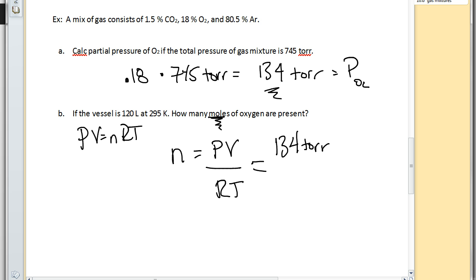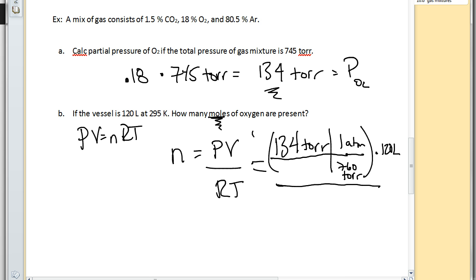Now, I almost made a mistake here, and I almost forgot to convert to atm because we're using the ideal gas law constant. And so I'm going to go ahead and do that. Then I'm going to multiply that by volume, which in this case is 120 liters. We're going to divide all of this by 0.0821 liters atm per mole Kelvin.